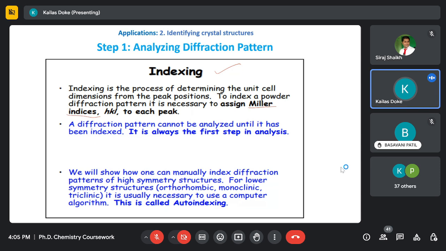H stands along the x-axis, K along the y-axis, and small l along the z-axis. These are the indices along that particular plane. So HKL is introduced, and the distance between two HKL planes can be identified from the angle of diffraction of each diffraction peak.